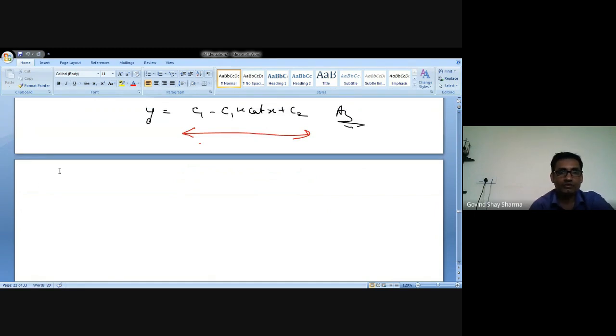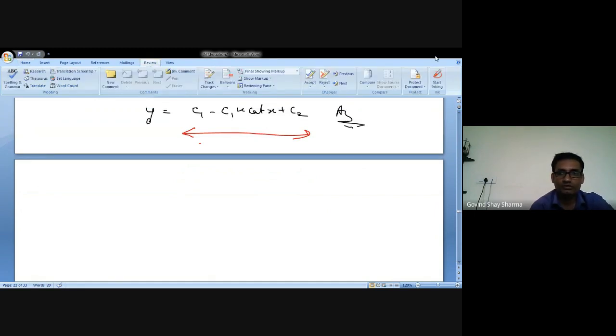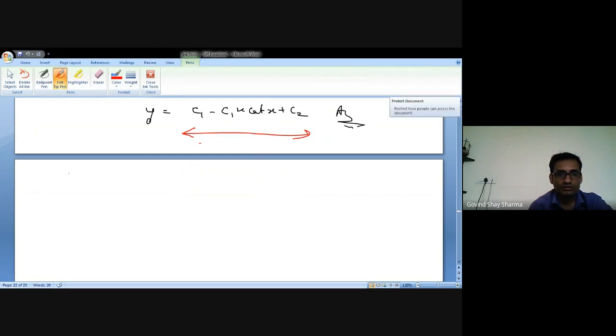Yesterday we have done this type of equation like d2y dx square plus p dy dx plus qy is equal to r.